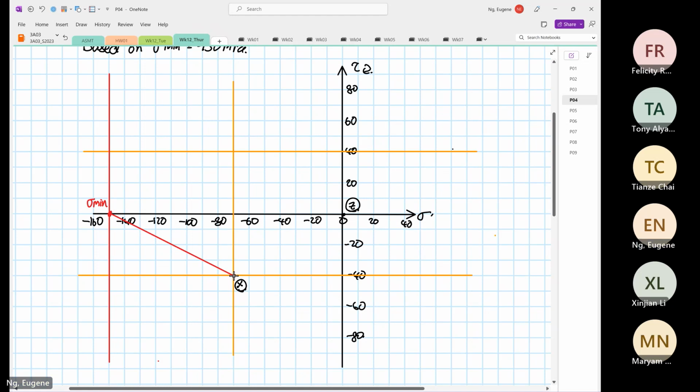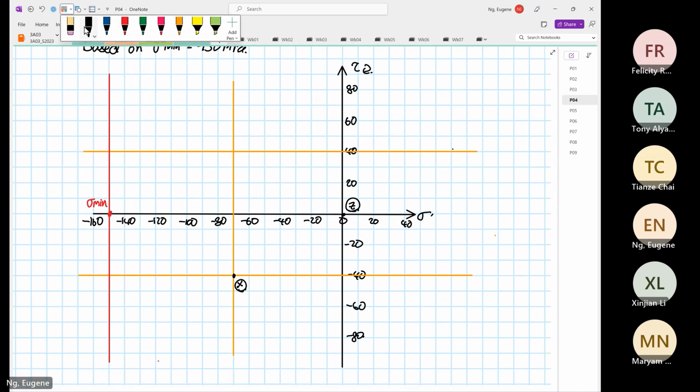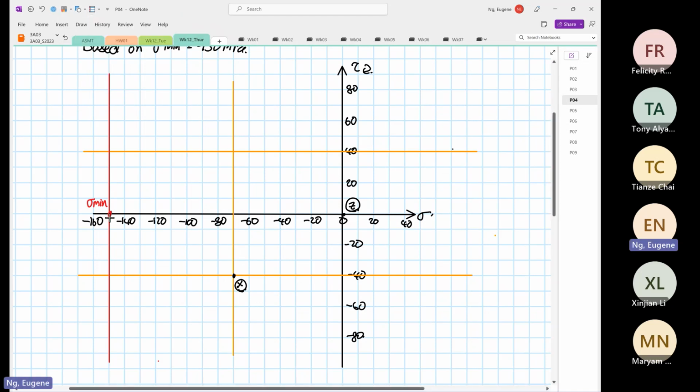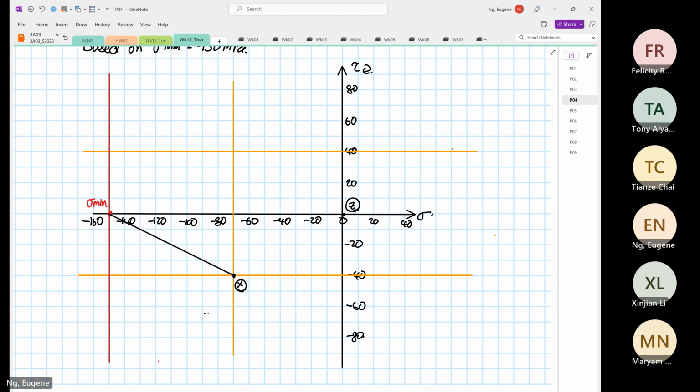In fact, now I'm applying the rules of the circle. So I know that over here, and then I need to rotate this by 90 degrees. So I need to take here. I need to rotate this by 90 degrees.